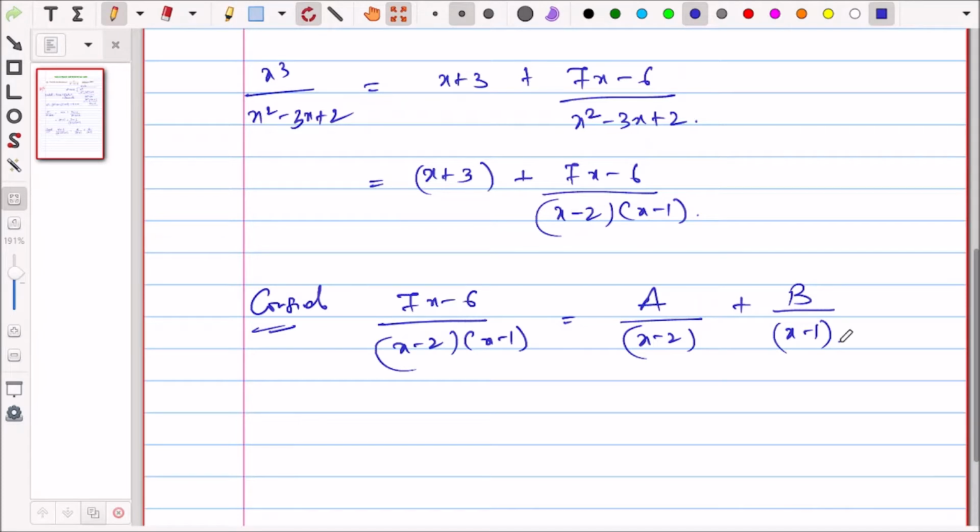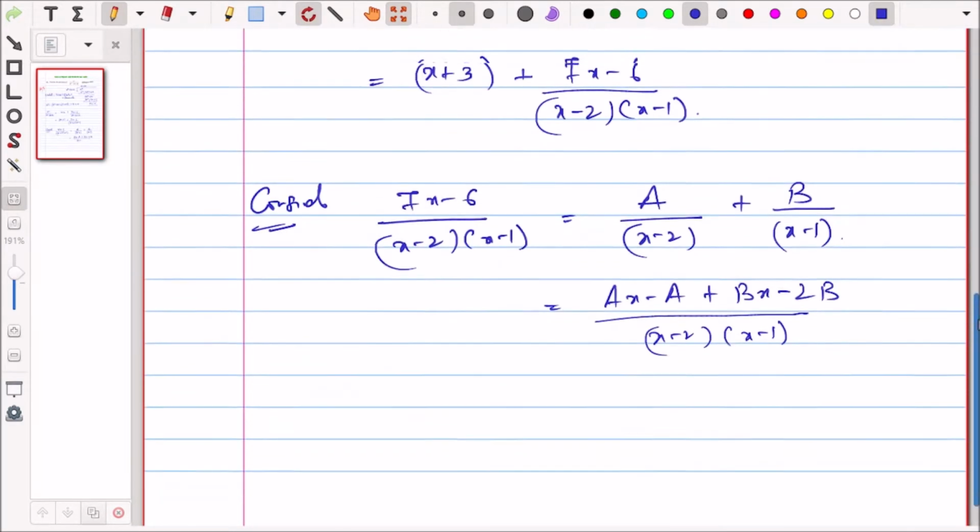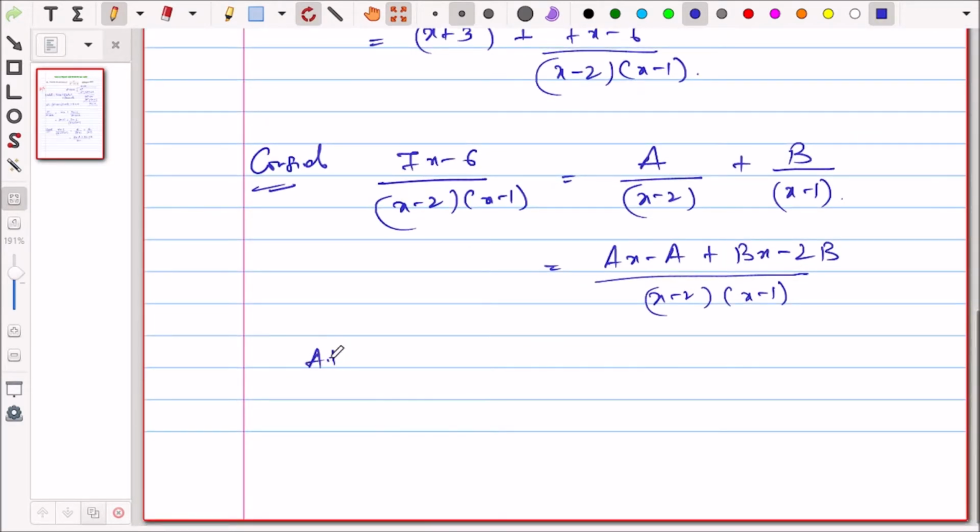Yes, sir. Now we will solve it for a and b. This can be written as ax minus a plus bx minus 2b, over x minus 2 times x minus 1. So we know that a plus b times x minus a plus 2b is equal to 7x minus 6, because when denominators are the same, the numerators have to be the same, right?